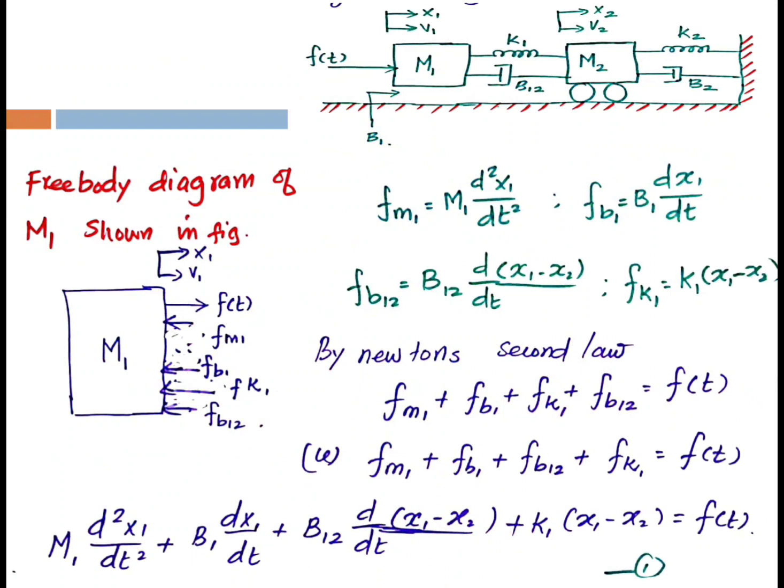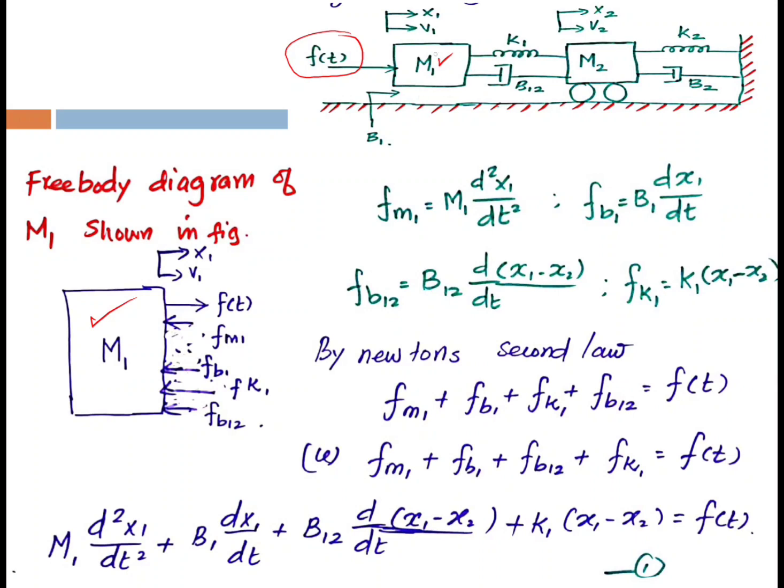Now first we will consider mass element 1. When you are considering mass element 1, there are 1, 2, 3, 4, 5 forces acting. One force is applied and the other forces are opposing forces.